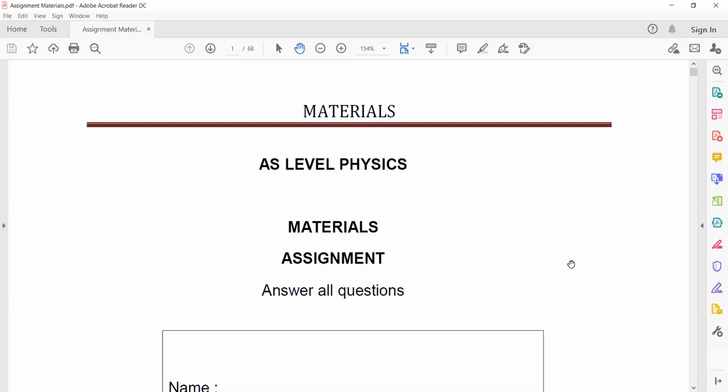So last class we were discussing the materials, the properties of the material.